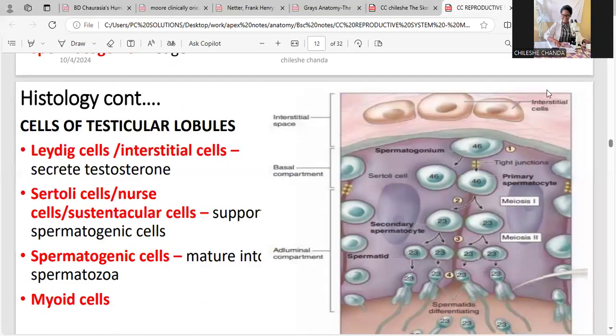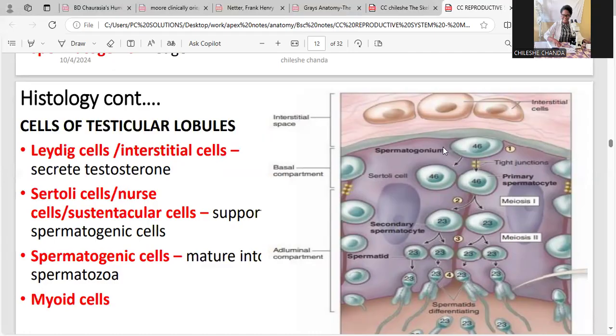The function of these interstitial cells is to produce testosterone. These are the cells that produce the male hormone known as testosterone.